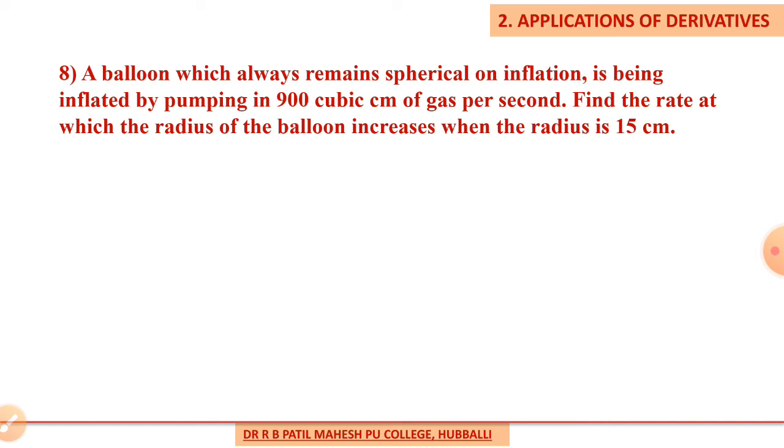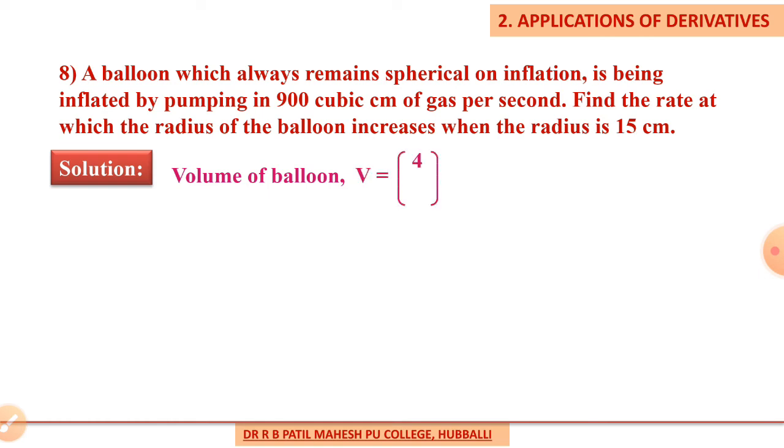So in this example, first we start with the volume of the balloon. That is V equal to 4 by 3 pi r cube. The volume of the balloon is nothing but the volume of a sphere. That formula is V equal to 4 by 3 pi r cube.